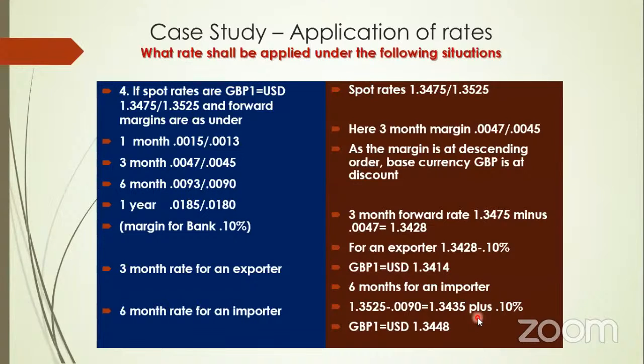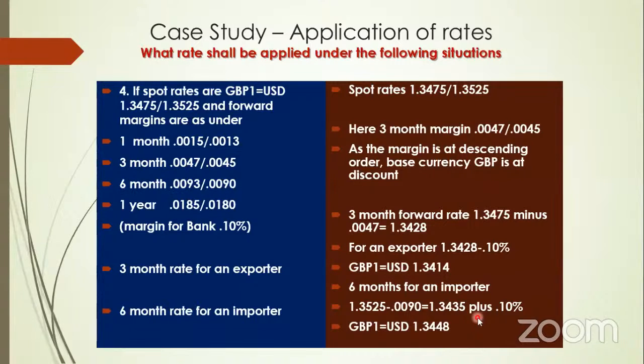Boss, note down the ground rule. Bank margin will always be added for importers and outward remittance. Bank margin will be deducted for exporters and inward remittance. Note this down. This should be registered in your mind. I will repeat.